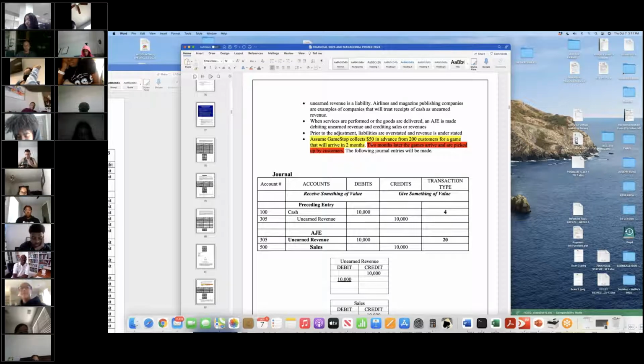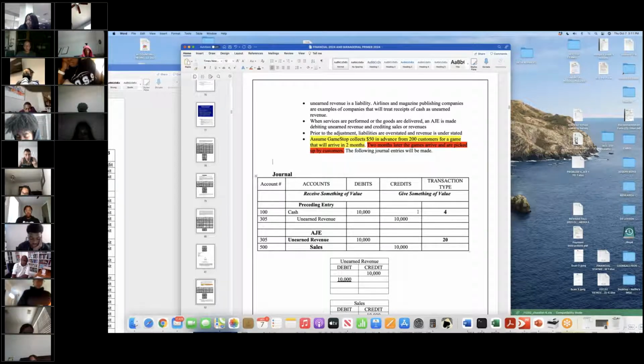So two transactions. In the first situation, you get your money in advance. The company is happy. GameStop's very happy when you come in there and pay them in advance, or Nike or whatever. They debit cash and credit unearned revenue, or unearned income, and they're happy.